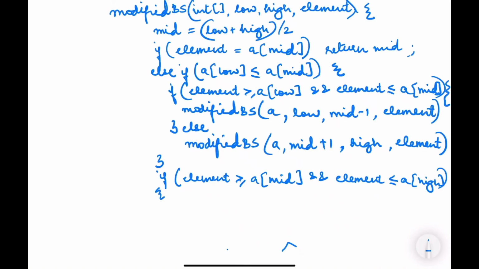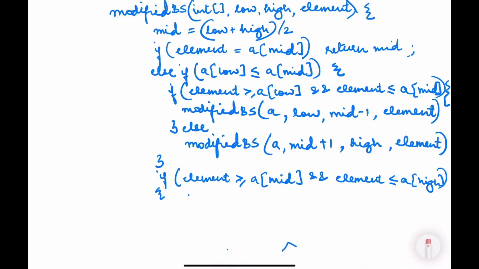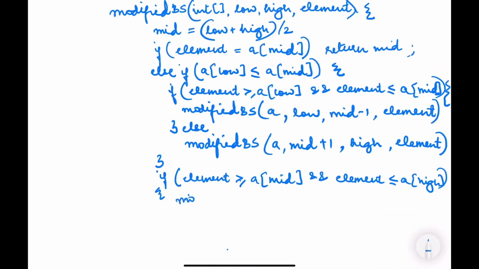If yes, then we are going to call the modified binary search on the right hand side. So array, then it would be mid plus 1, then high and the element.